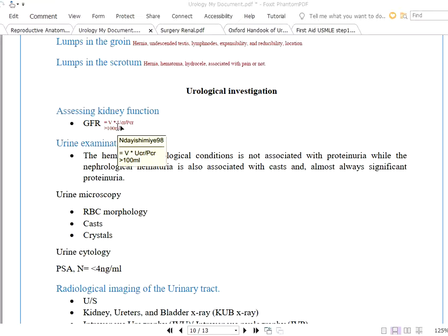So the first urological investigation is to assess kidney function, depending on the presentation of the patient. The way we measure kidney function is through glomerular filtration rate.